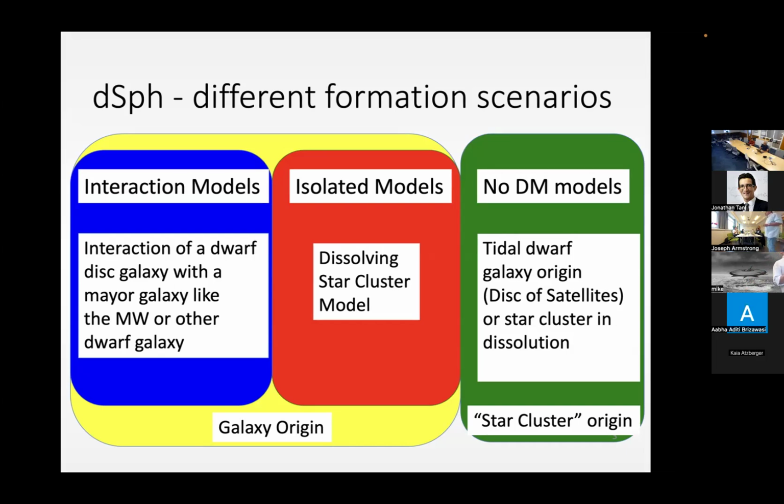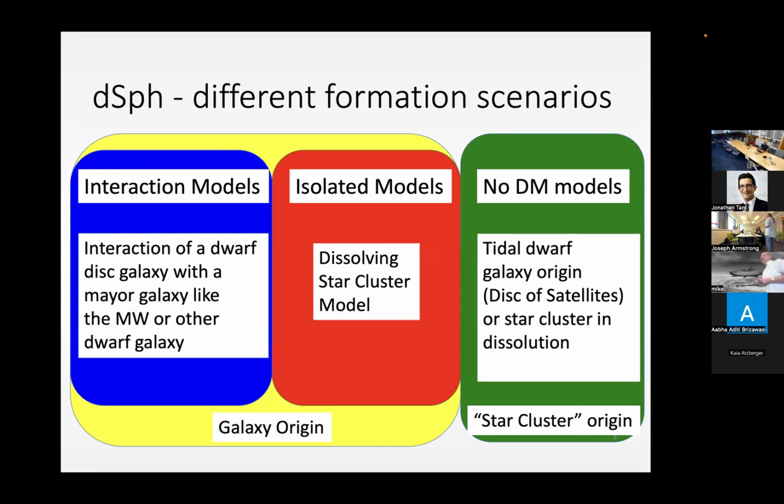And models have shown that those disrupted objects still have a central blob which can stay coherent for giga-years, even though they are not bound to each other. So that would be the no dark matter models.